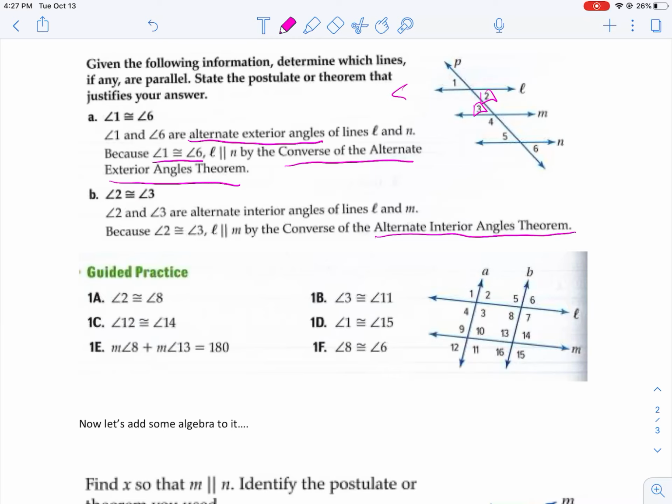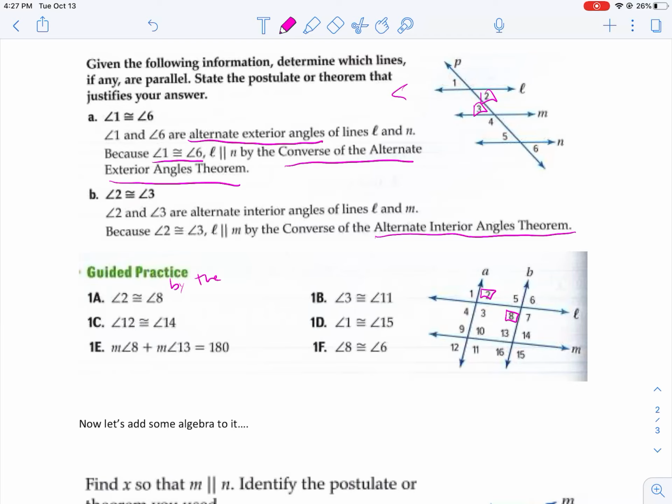Okay, so let's keep going here. Let's talk about angle 2 and angle 8. Well, let's see what lines they are really associated with. They're both touching A and B, right? So what kind of relationship do those two angles have?